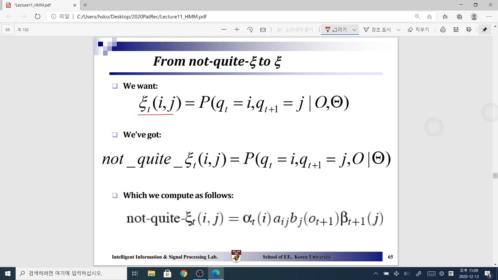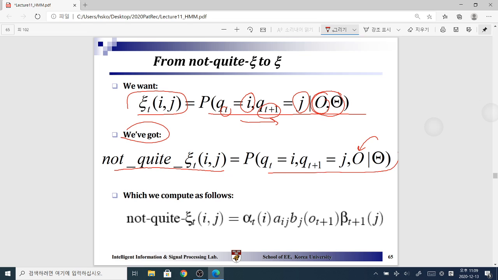That is, we want the psi sub t of ij being the joint probability of state being i at time t and state j at time t plus 1. In other words, the state transition from i to j conditioned on the observation sequence and the model. But now we've got not quite psi ij, where the observation sequence is now part of this joint variable.